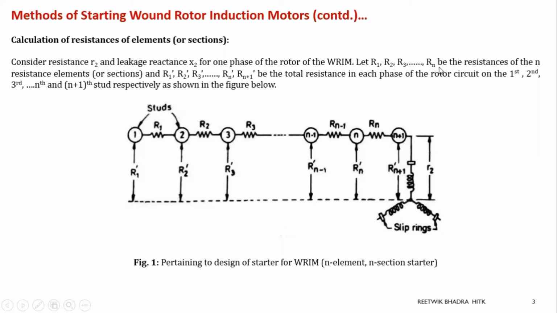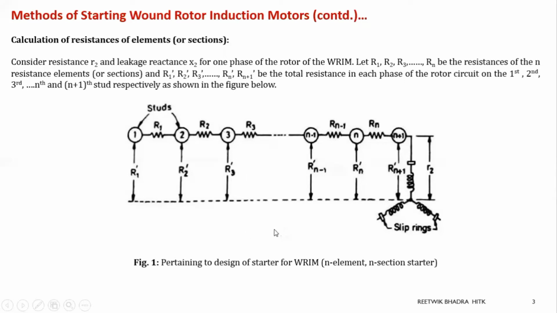R1, R2 to Rn be the resistances of the n resistance elements or sections. So how many sections you have taken? 1, 2, 3, 4 goes to n. So these are all the resistances of the sections. And R1 dash, R2 dash, R3 dash to Rn plus 1 dash be the total resistance in each phase of the rotor circuit. It means R1 dash will be the summation of this. R2 dash will start from R2 and end at this small r over here.